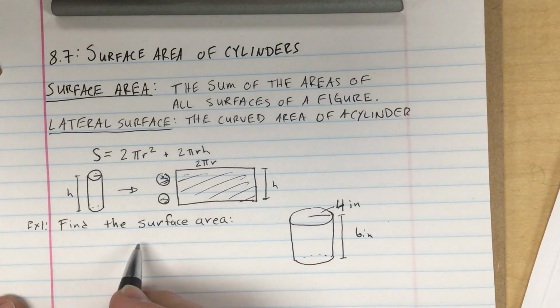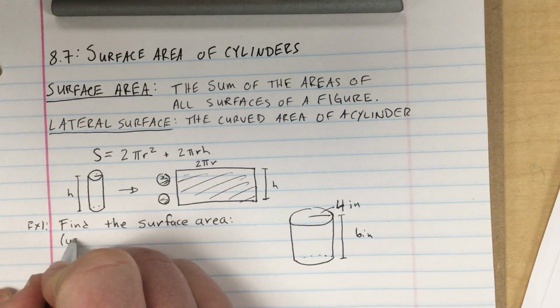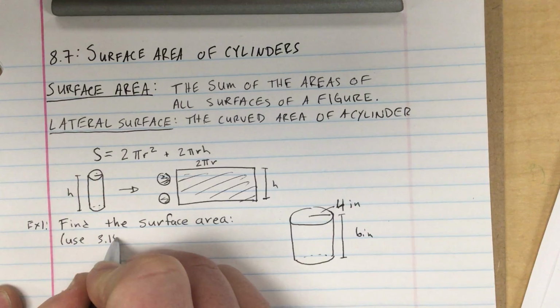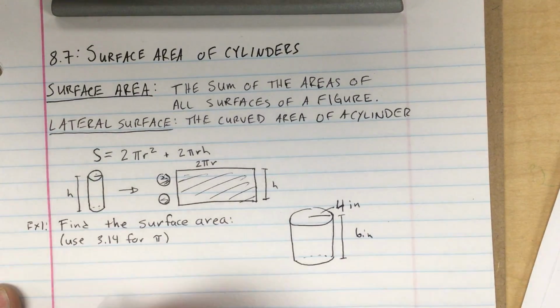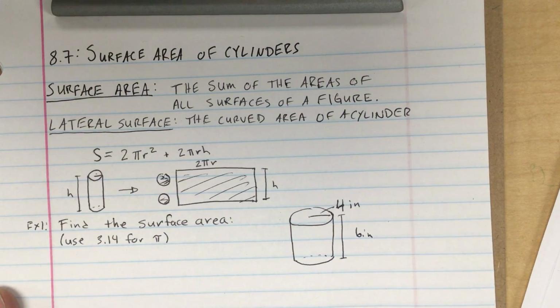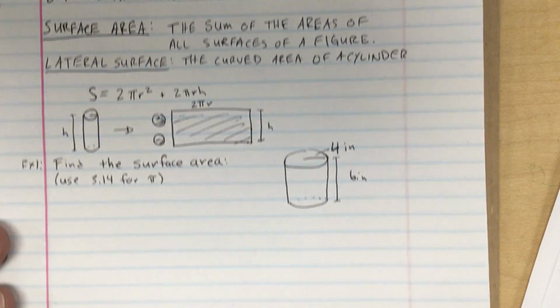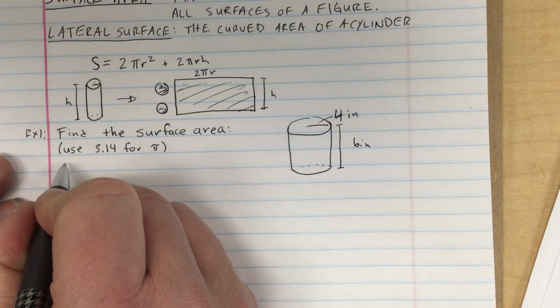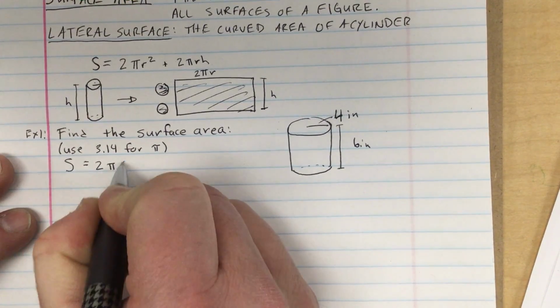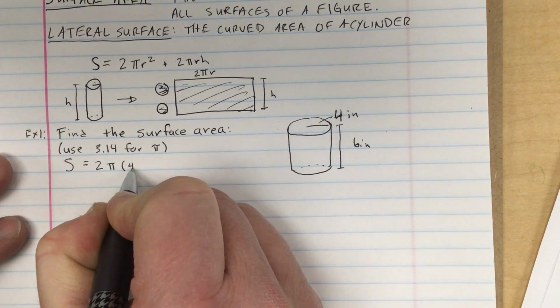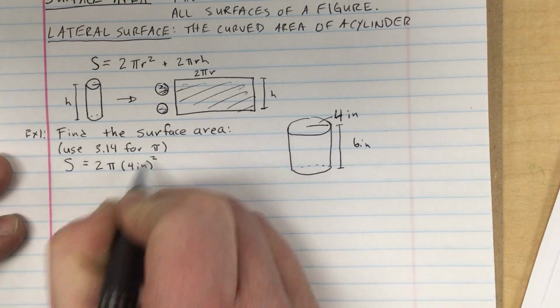All right, so simply put, in this case, we want to use 3.14 for pi. Make sure you have your calculator out. Now our surface area, S, is equal to 2 pi times r, which is 4 inches, squared.